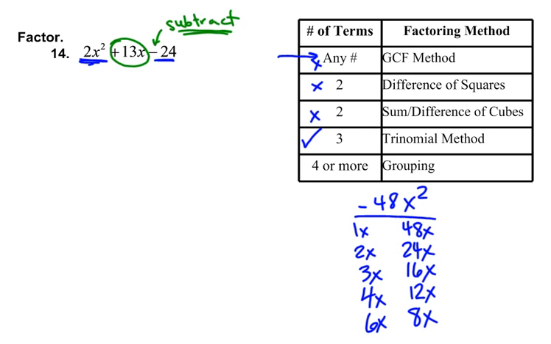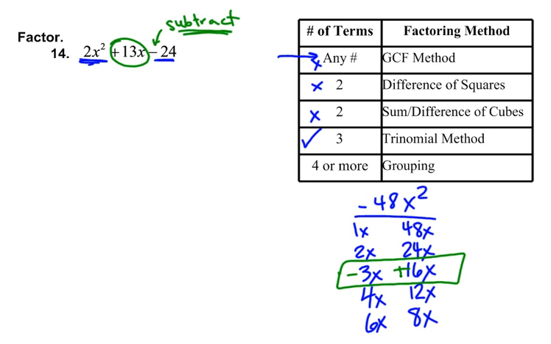Okay, and hopefully you're noticing that 3x and 16x will subtract to get positive 13. Now the question we need to ask ourselves at this point is, what signs do we need to put on these numbers to get positive 13 out of this? That's right, you should get a negative 3 and a positive 16. If we combine negative 3 and positive 16, it will make positive 13.